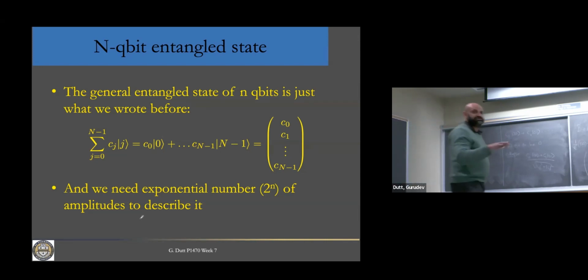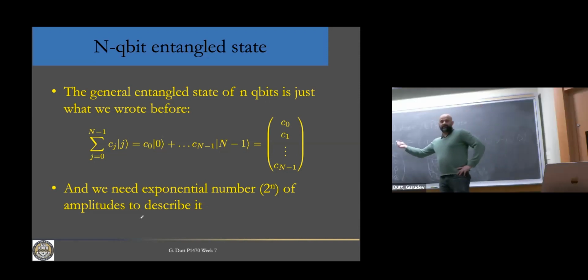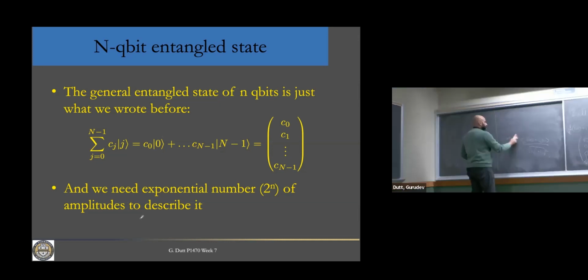Instead of getting too much into this, when we discuss the EPR paradox, I'll explain it in more detail. But just know that these states, and actually I can write the other states down as well, which are the maximally entangled states. So just so you have it in front of you once and for all.